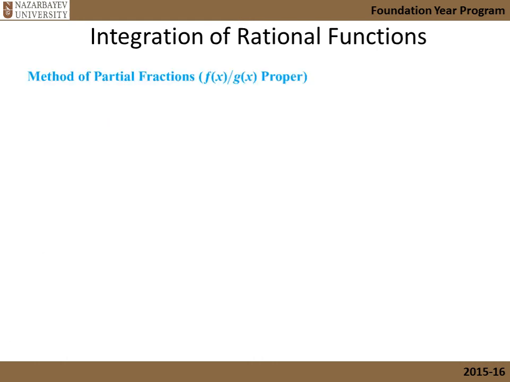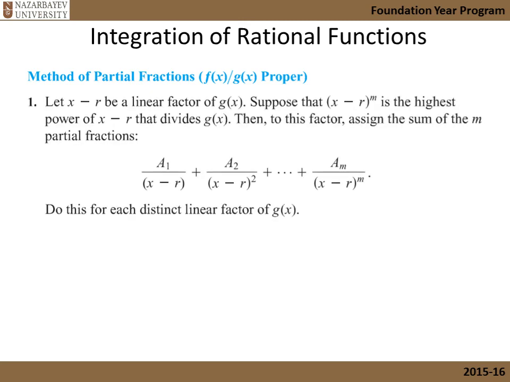For a more general case of integration of rational functions represented by rational fractions, we will use this method. First step: let x minus r be a linear factor of g of x. Suppose that (x minus r) to the power of m is the highest power of x minus r that divides g of x.